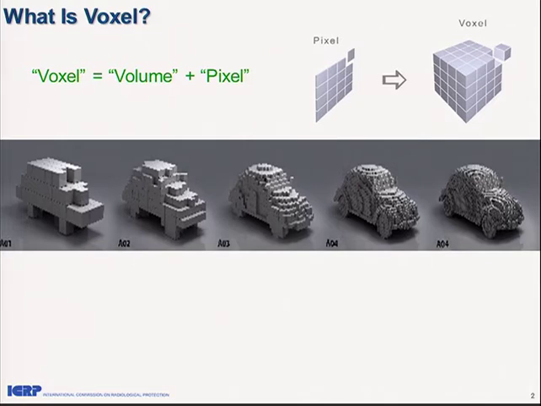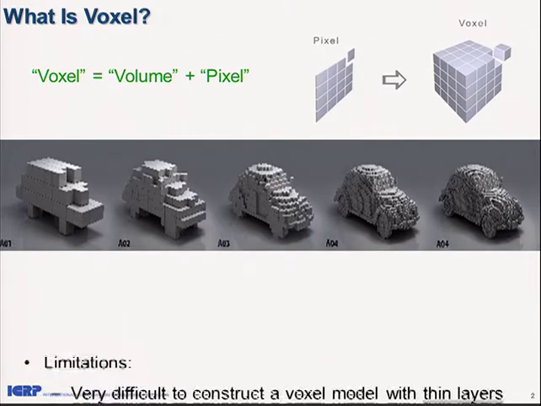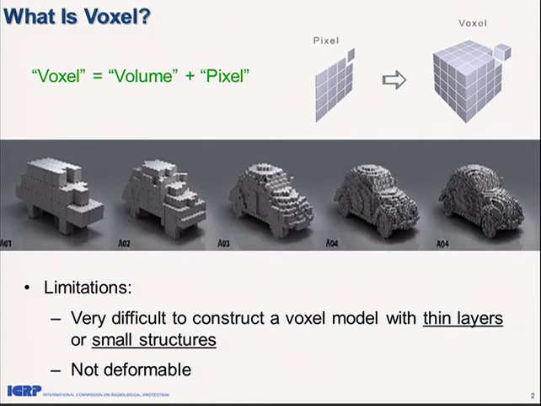Even though voxel geometry has been the geometry of choice for the past 30 years, it has some limitations. First, it's very difficult to construct a voxel model with thin layers or small structures.